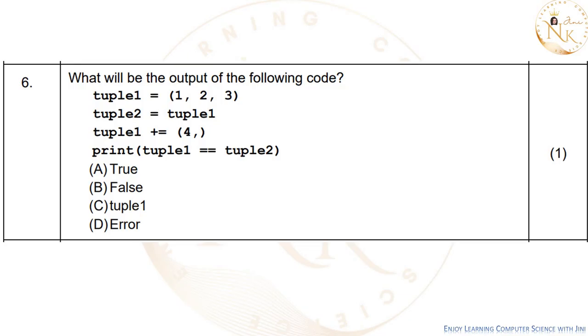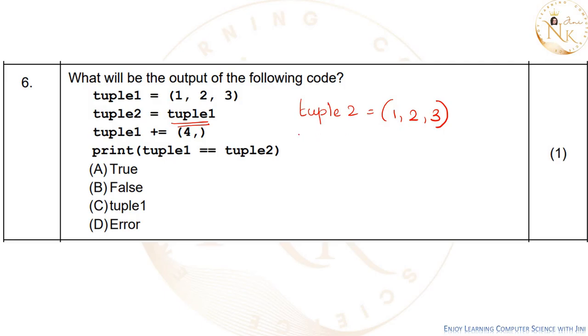Next one. What will be the output of the following code? First one is tuple1 is equal to 1, 2, 3. Now tuple2 is equal to tuple1. So what is the value of tuple1? It is 1, 2, 3. So now your tuple2 value is 1, 2, 3.